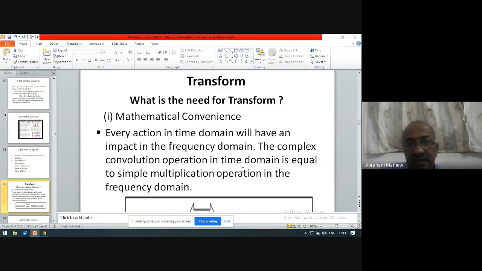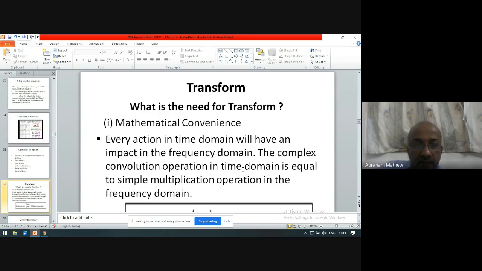In this unit, we are studying the widely used transform, that is Z transform. Basically, we should know what is the purpose of, or what is the need of a transform.